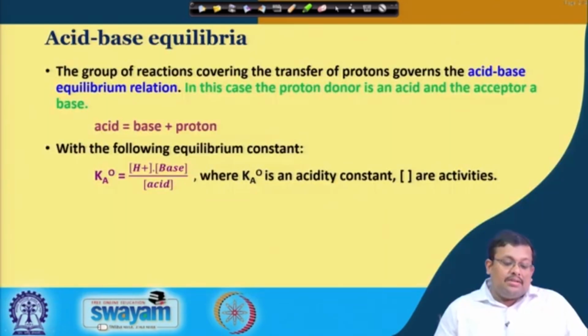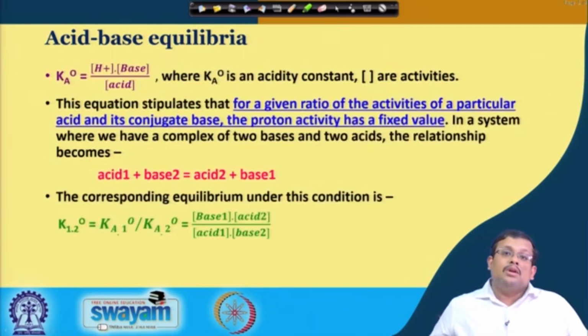Then we have talked in detail about the acid base equilibria. We have seen the relevant reaction for one acid one base, and then we have seen more complex two bases and two acids, and how the corresponding equilibrium condition changes for these complex reactions.